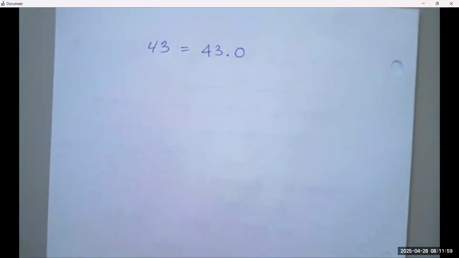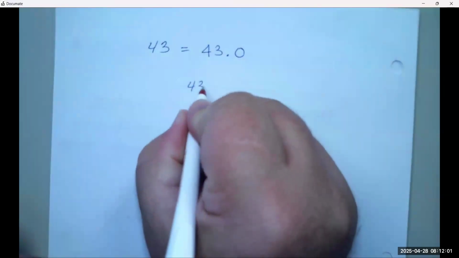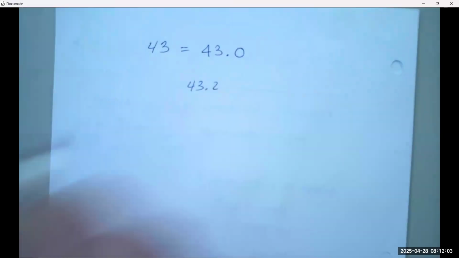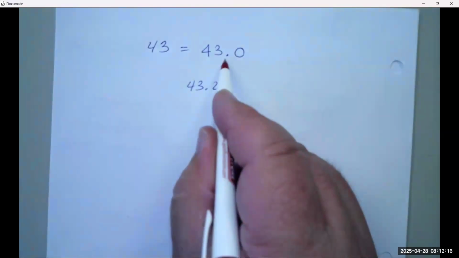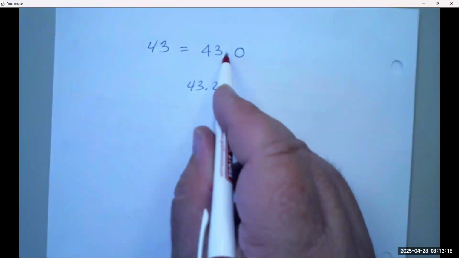How would you read that? Oh, actually, how would you read this? 43.2. Okay, that's one way. What's another way of reading it? We've now given this another name, from decimal to a point.